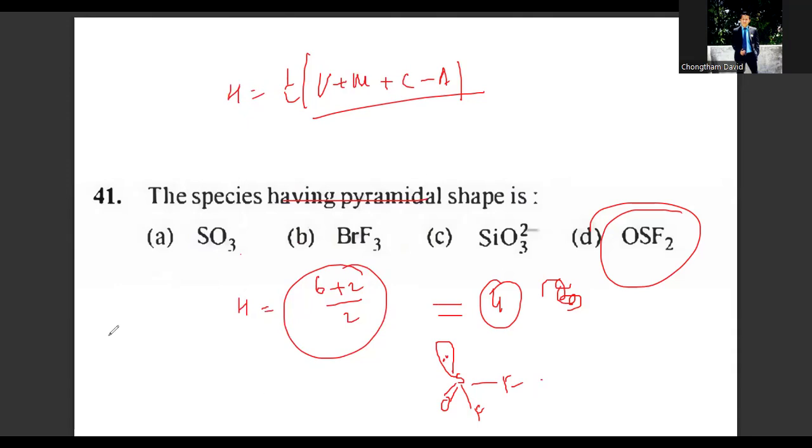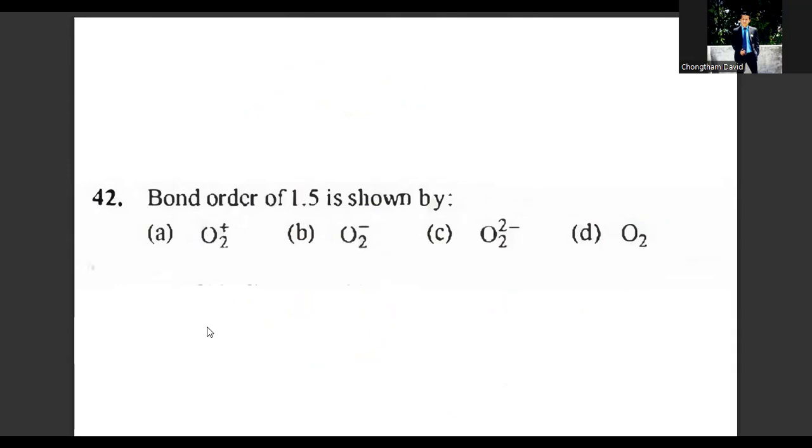Next, question number 42. The bond order of 1.5 is shown by? So in oxygen, we already know the bond order is 2. If I add one more electron here, the bond order would change.